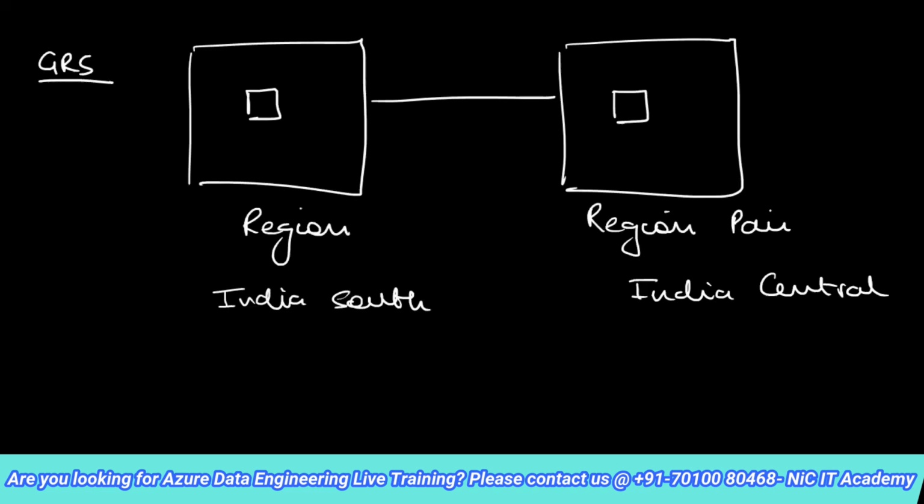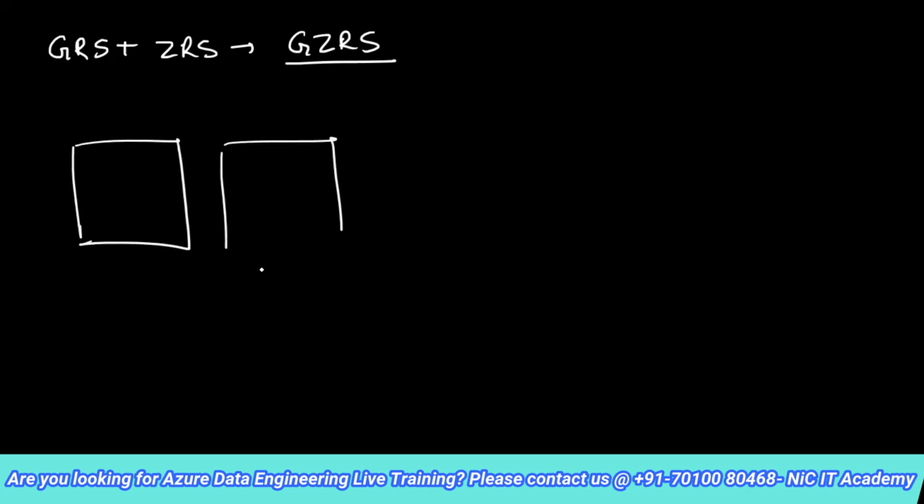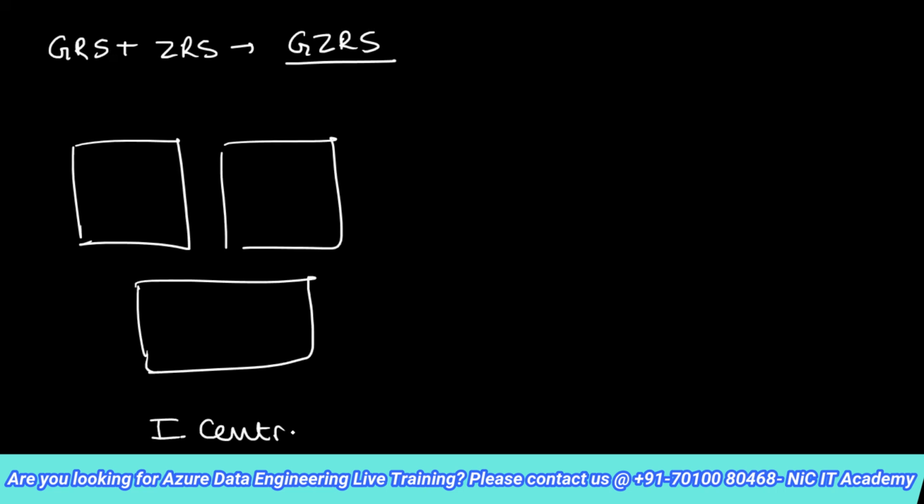I create 2 copies. And then you have a sum of GRS plus ZRS, which is your GZRS. Very simple. Within region 1, I have multiple zones. Let's say this is India Central.